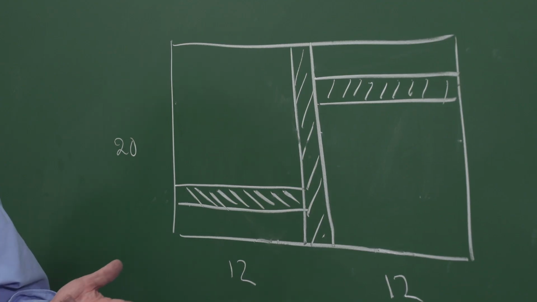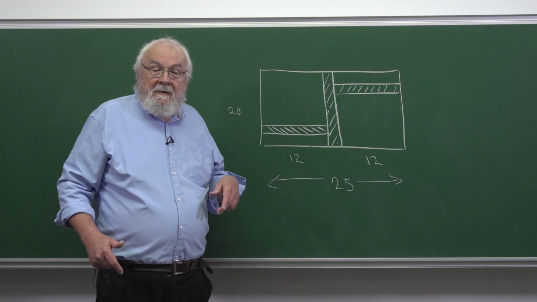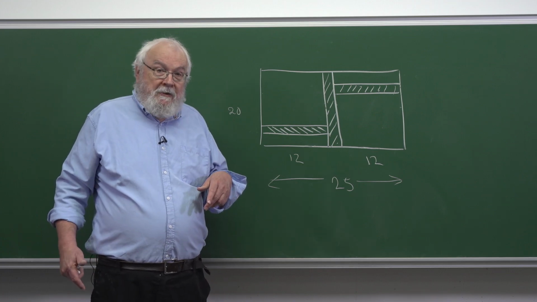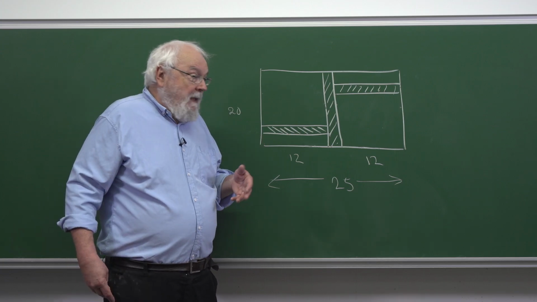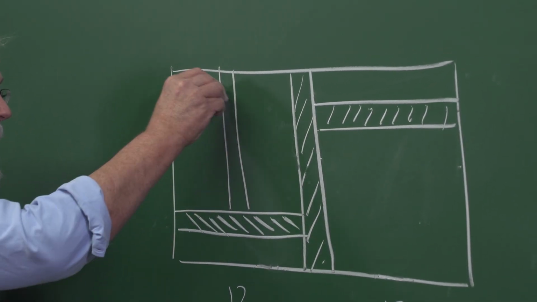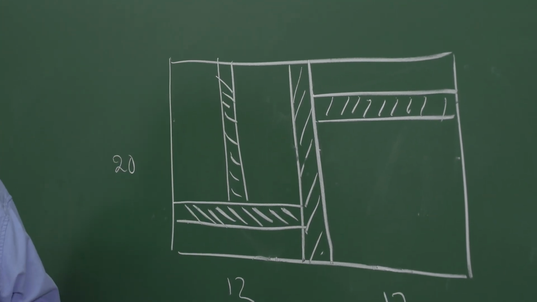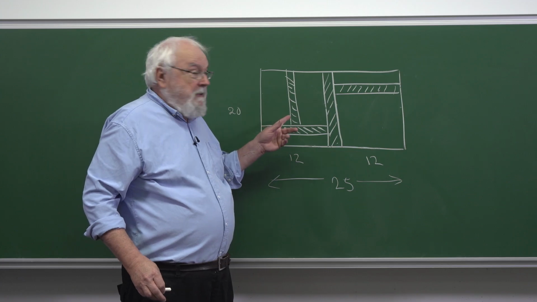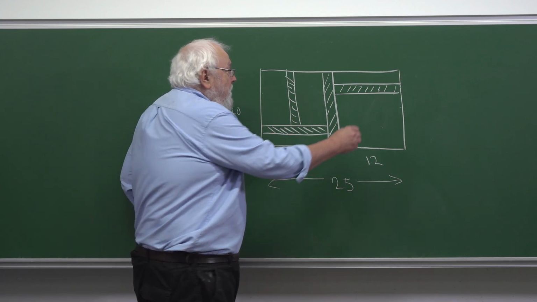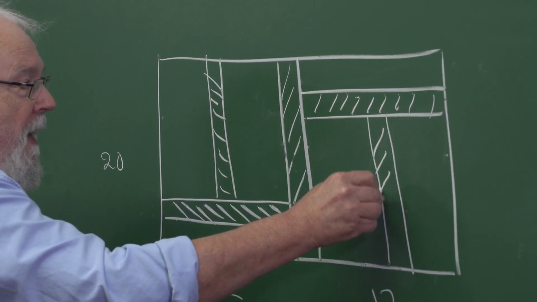If you took this diagram and rotated it through 180 degrees about this central point, it would look exactly the same. B has no choice but to break this rotational symmetry. Doesn't matter what B does. B might, for example, remove that file, in which case A would respond by removing a file which is there.